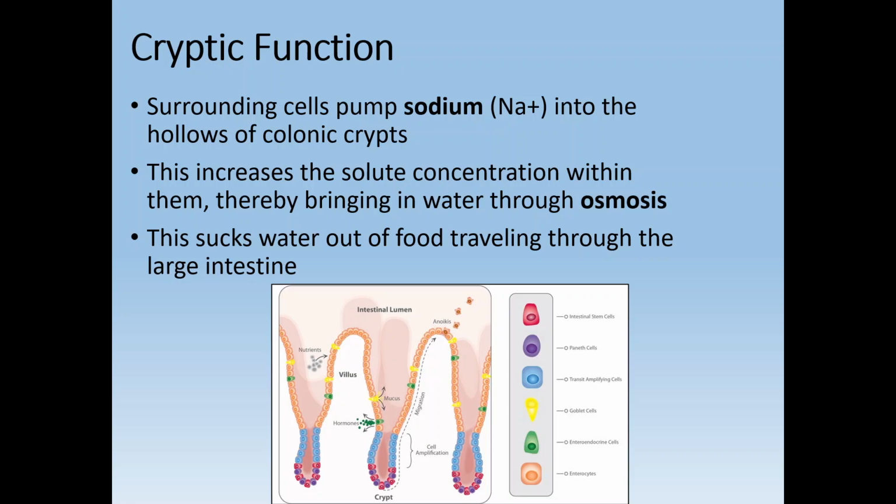It's that natural passive movement of fluid, simply because we've increased a solute concentration within each of those crypts. This is then going to suck the water out of the food that's traveling through the large intestine to make sure that we keep it for the function of the body.